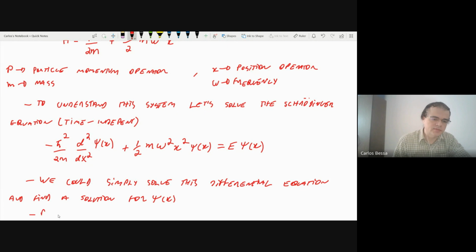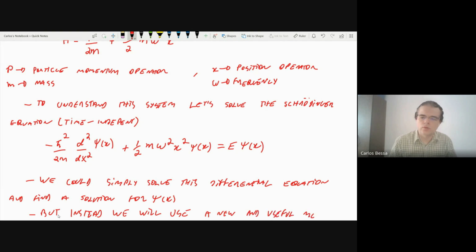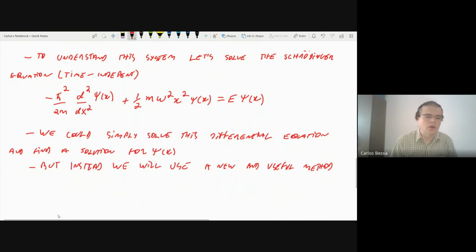But instead, we will use a new and useful method that is simple, relating H, the Hamiltonian, with new operators.